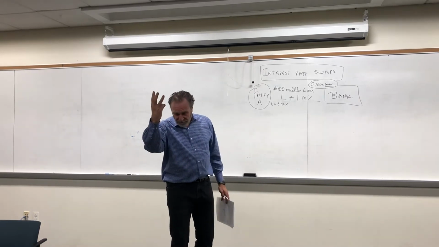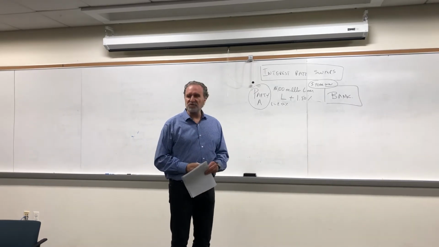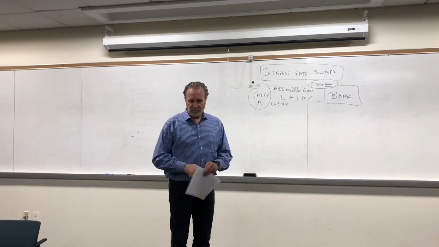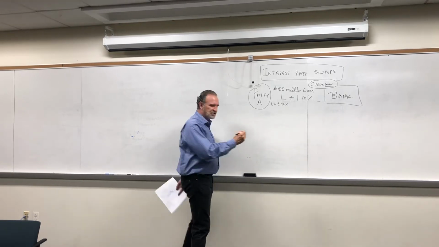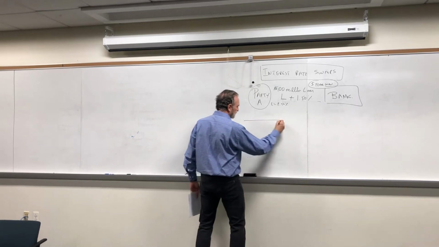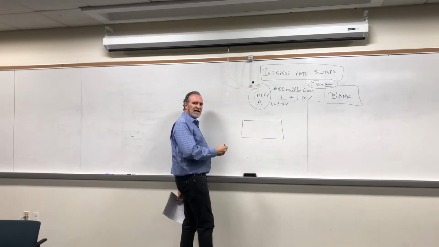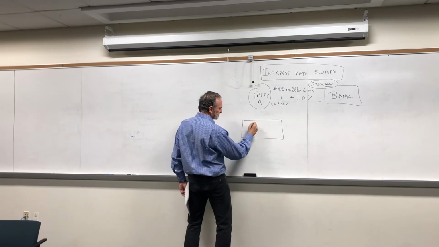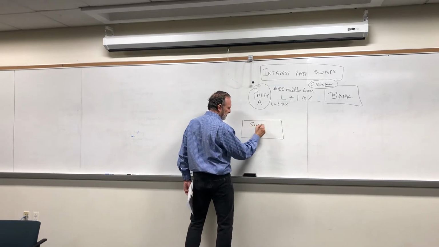And the third option is to do a swap. So you go to a swap house, it could be a bank, okay? I'm going to put this in the middle, guys. So this is like a clearing house. I'm going to call it a swap house for now.